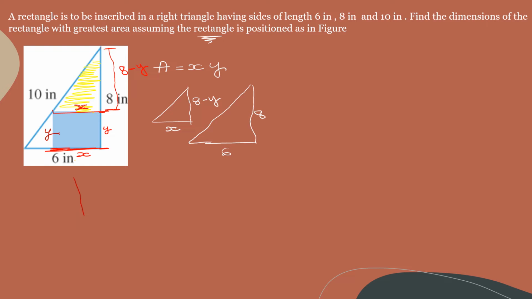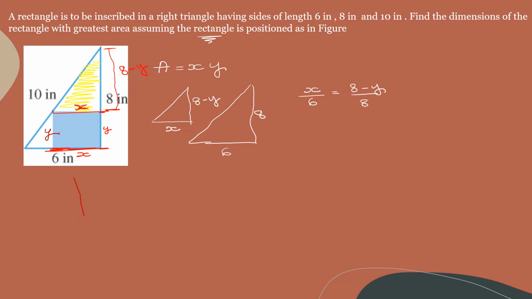Let's take the ratio of these things. We write base by base: the base of the smaller triangle divided by the base of the bigger triangle, and the perpendicular side of the smaller triangle divided by the perpendicular side of the bigger triangle.